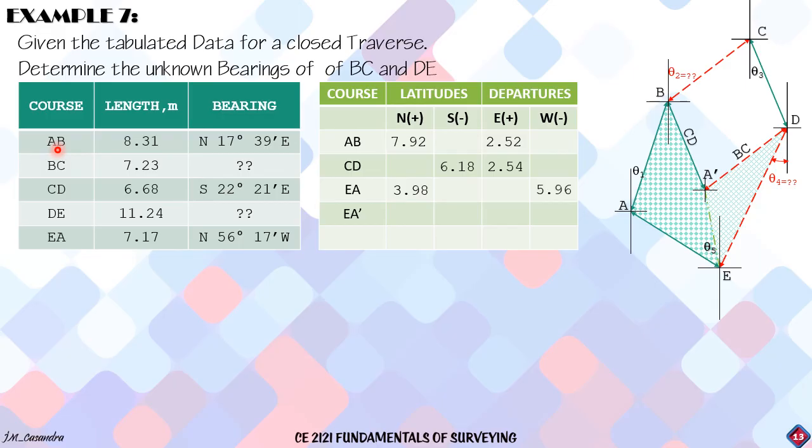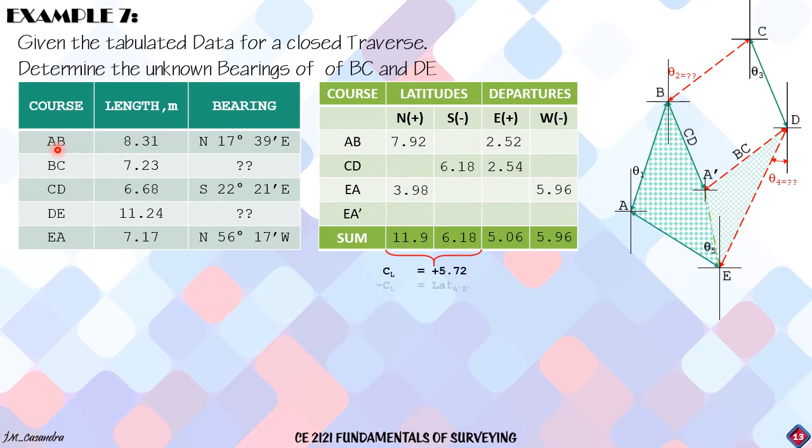So our unknown is the closing line, A prime E. So let's solve for the sums. Northing 11.9, southing 6.18, easting 5.06, and westing is 5.96. So from here, we'll be able to compute for the latitude of A prime E, which is 5.72 south, and the departure of line A prime E is 0.9 east.